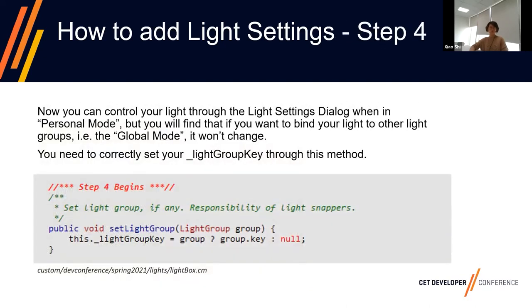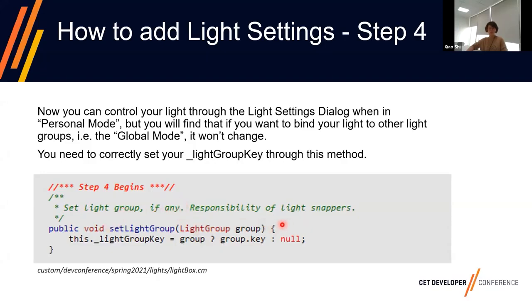Okay, so before step 4, you have successfully built up your personal light group. But if you want to bind it, you still need to do a few more steps. So here, this set light group step is what you call when you change the light group in your dropdown, and you are passed in whatever light group you have selected, and call the set group.